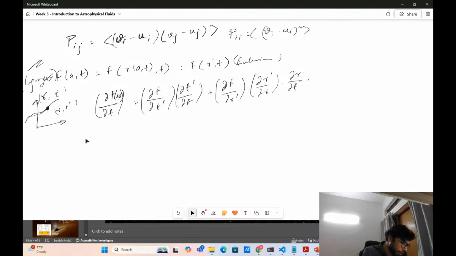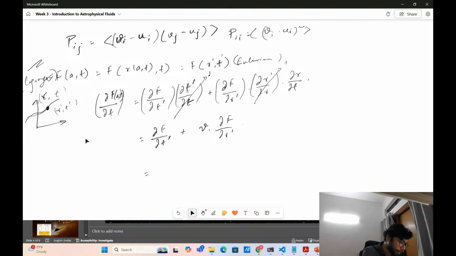Now, t prime and t are just a choice of units, and this will become 1. So if you consider t equals t prime, this is just a choice of units in your Eulerian frame and your Lagrangian frame, right? Similarly, r and r prime will become 1. This is also a choice of units in your Lagrangian and Eulerian frame. So what you are left with is del f del t prime plus del r del t is v dot del f del r prime.